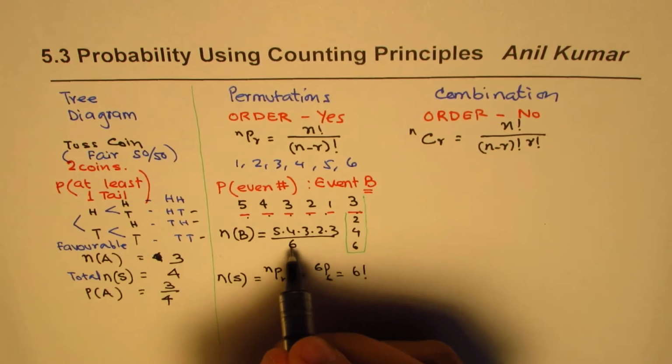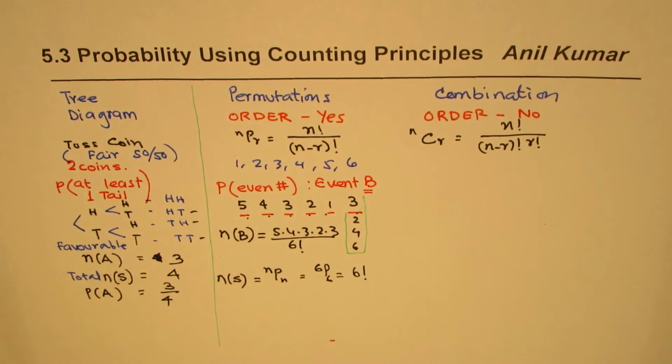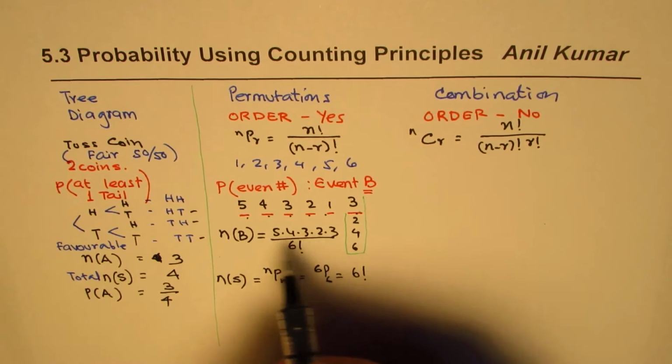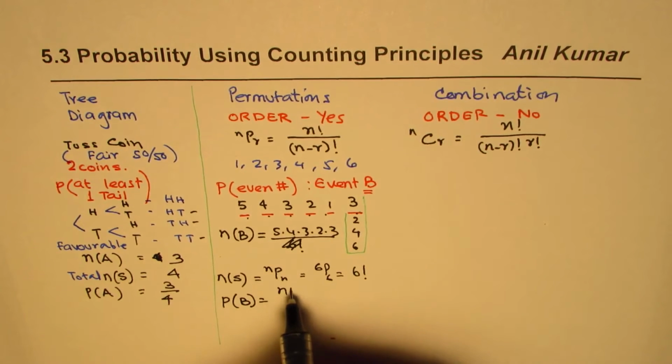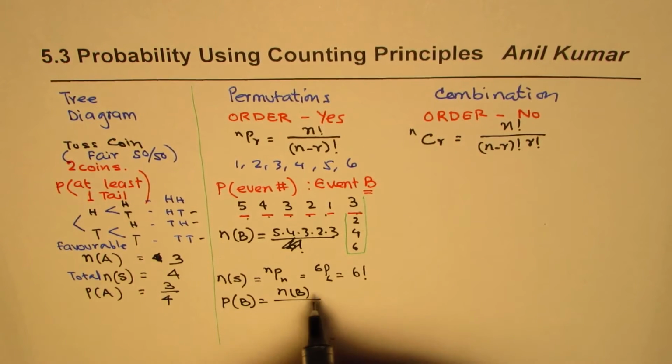So 6 factorial comes in the denominator. The probability of event B will be the favorable numbers divided by the total sample space, where 6 factorial is the total possible outcomes.